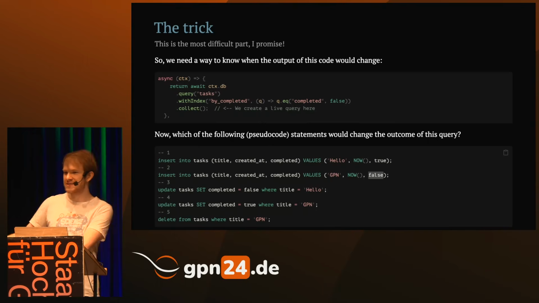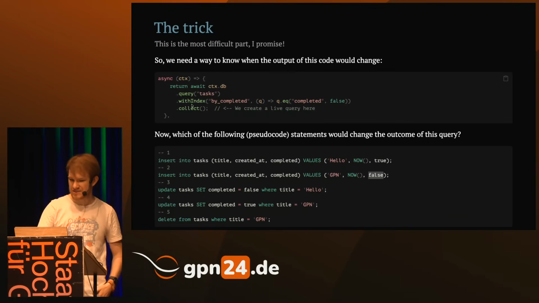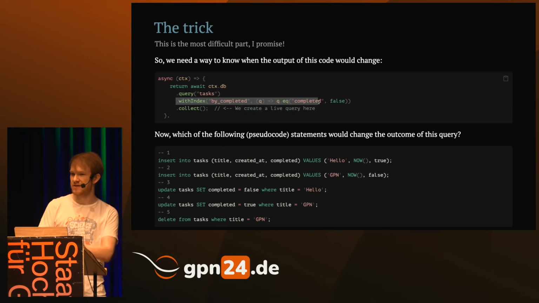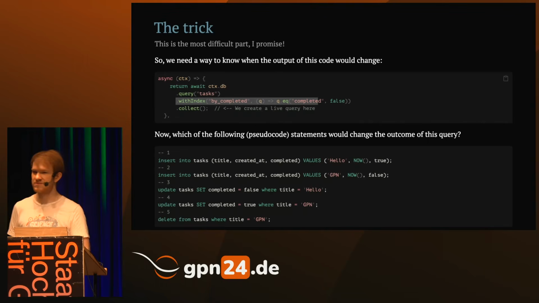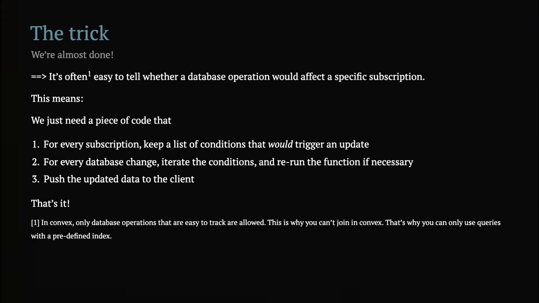So it's actually quite easy to tell. The rule of thumb is if a document, or a row, matches the conditions of the query before or after the update, then it would potentially affect the result set, and then we have to rerun it. And that's actually not that complicated, right?